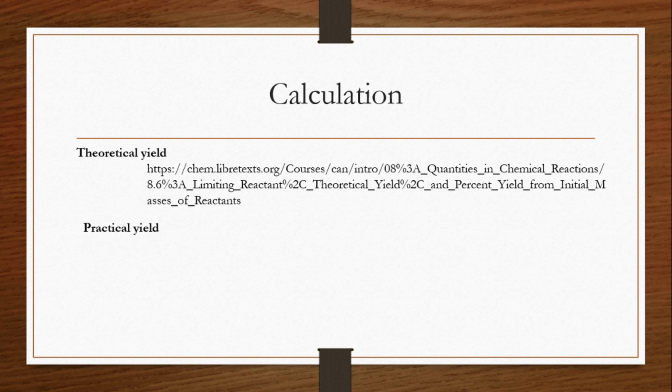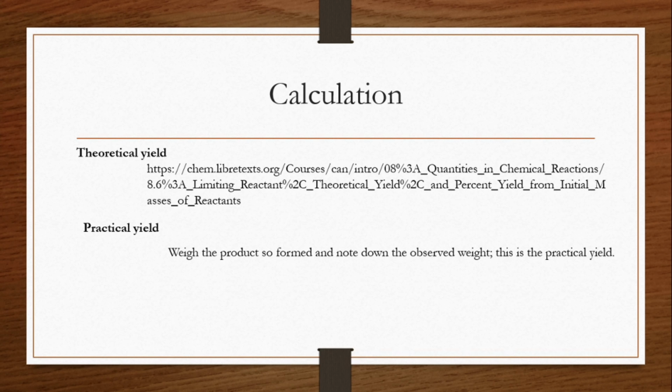Now the practical yield will be the weight of the product so formed, and when you weigh it on a balance you will get the value, and this value will be your practical yield. For the percentage yield you need to use this formula: percentage yield is equal to practical yield upon theoretical yield into 100. This result will be in percentage.